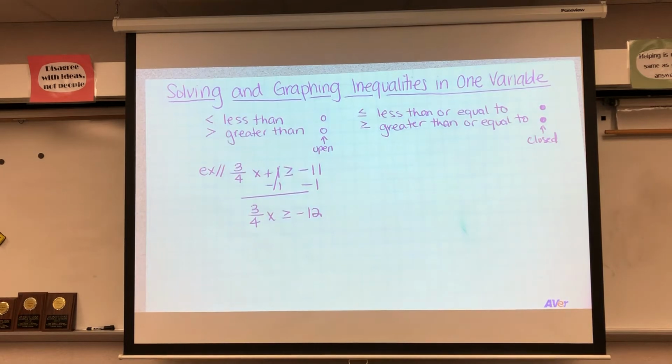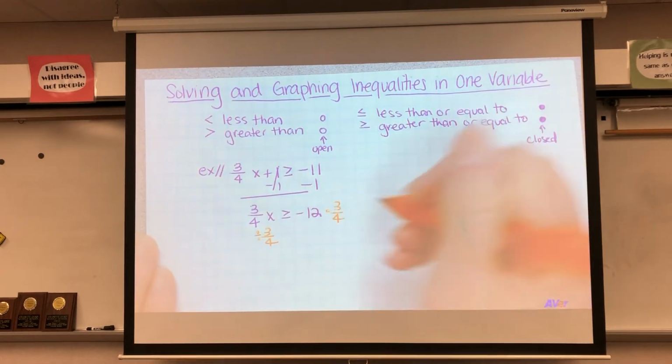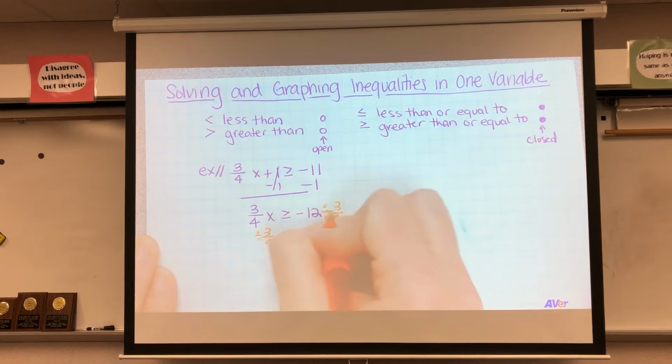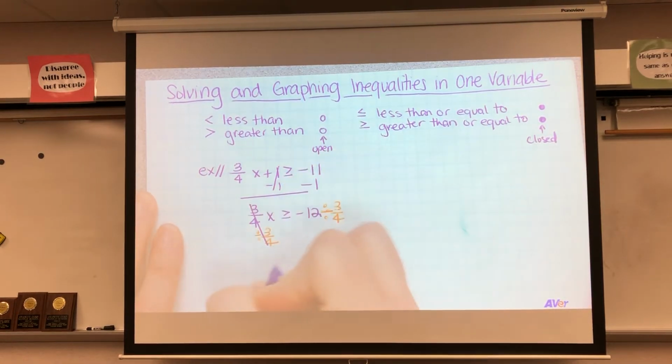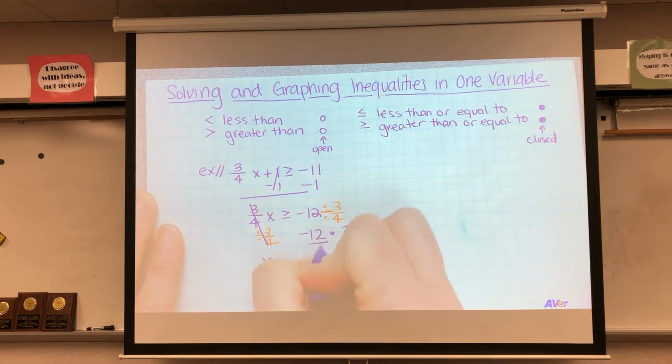And then I need to, well, you could do it a bunch of ways. I'm going to think about the fact I want to divide by 3/4. Divide by 3/4. Oops, sorry, that's not divide, Miss Rhoda. Divide. And that means when I divide that out, I'm really doing -12 times the reciprocal. So if I cross cancel to make my life easier, that means x is greater than or equal to -16.